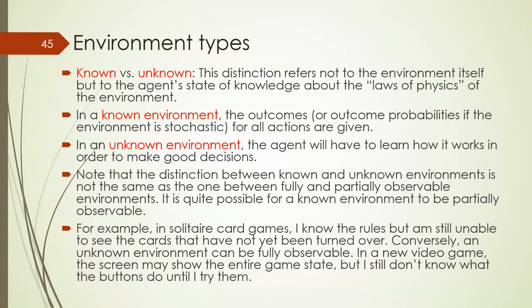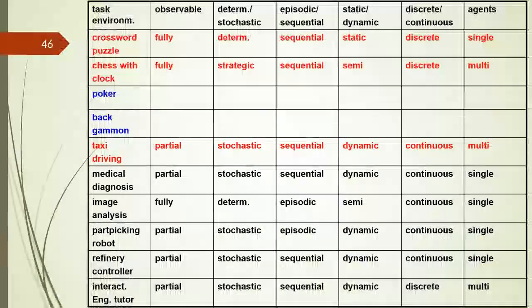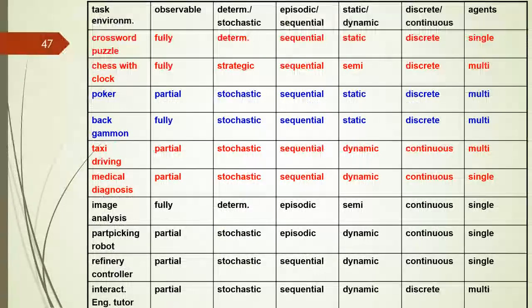You see everything, but you don't know what that game is. You have no understanding of the relationships between things in the environment, so it's unknown. These are examples, and I want you to go through them yourself and make sure you understand how it works. These examples are from the book again.